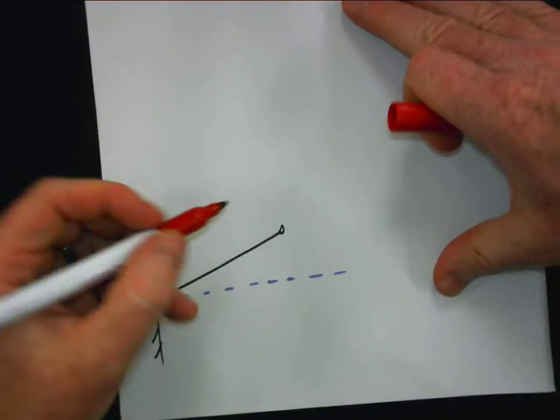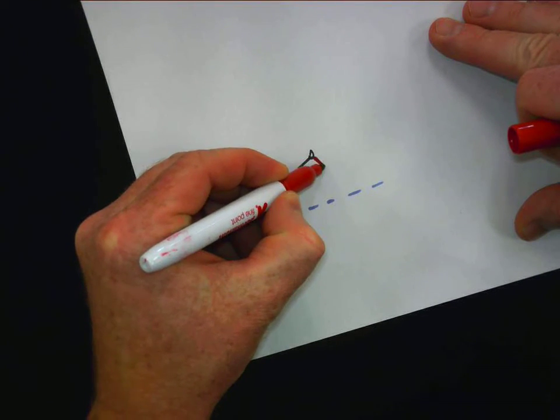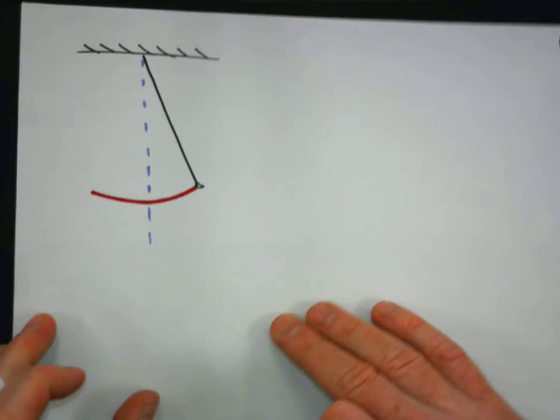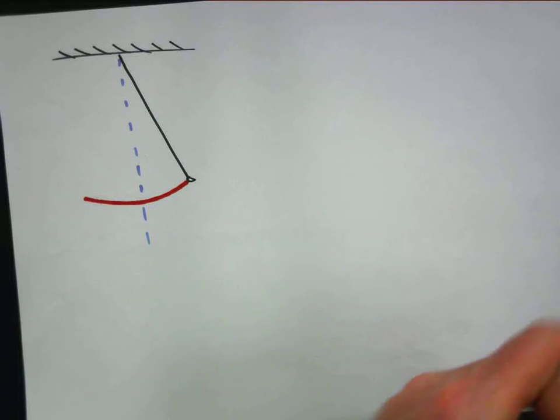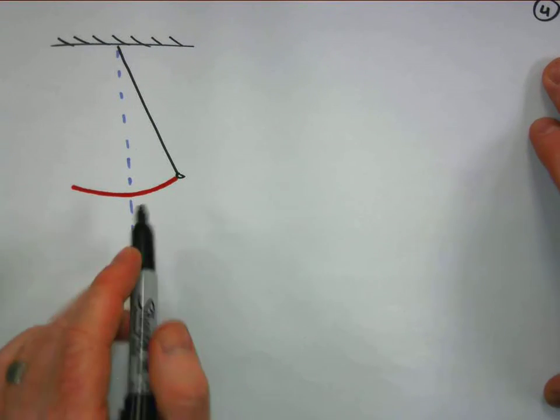And this is what I have to do because I'm a lefty. So I'm going to try to get an arc drawn here to show the path that the pendulum is going to take, at the end of the pendulum, called the bob, the pendulum bob. And so that's the idea.